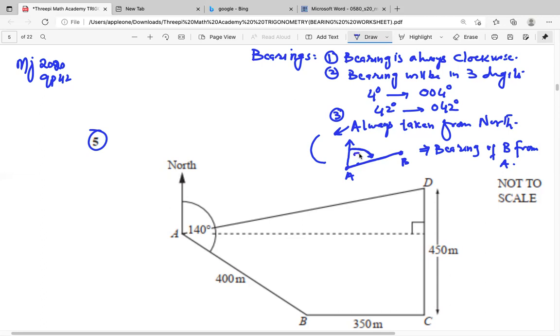If suppose this is 30 degrees, you will write 030 degrees. So the first thing is always clockwise, the second thing is 3 digits, and the third thing is always taken from north. This is basically the definition of bearings.